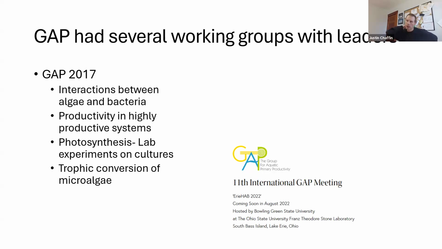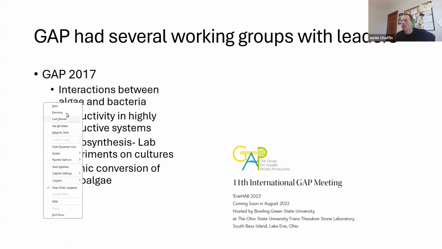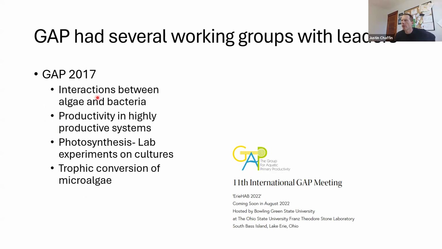At the 2017 GAP in the Czech Republic there were 4 working groups: one looking at the interactions of algae and bacteria, one looking at productivity in highly productive systems, one on photosynthesis with lab cultures, and one on trophic interactions.